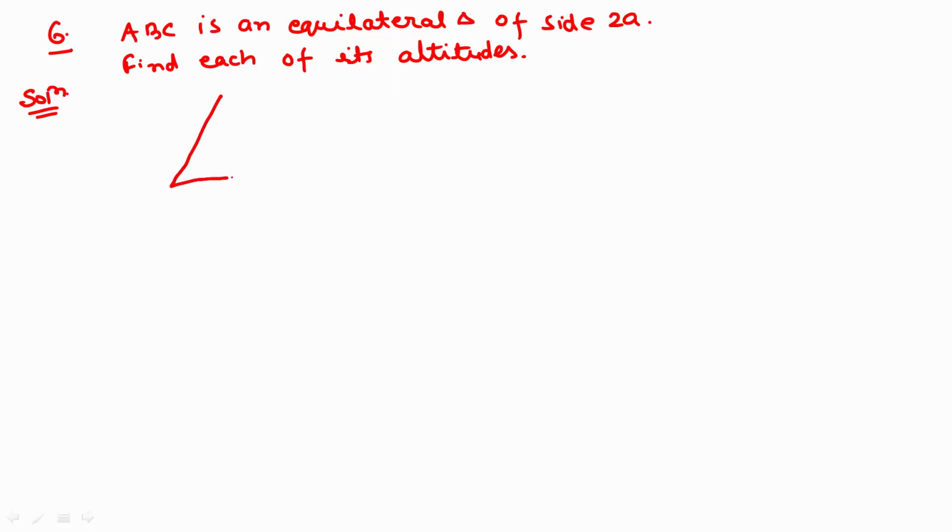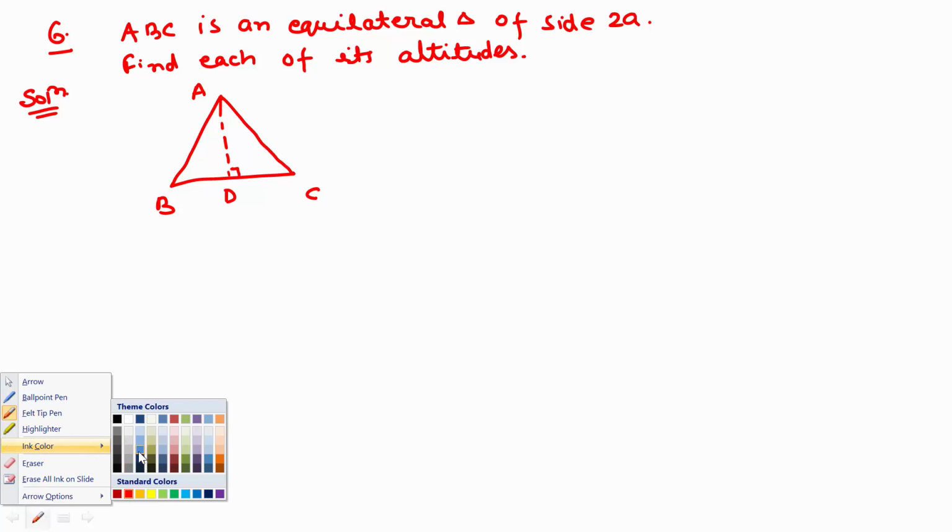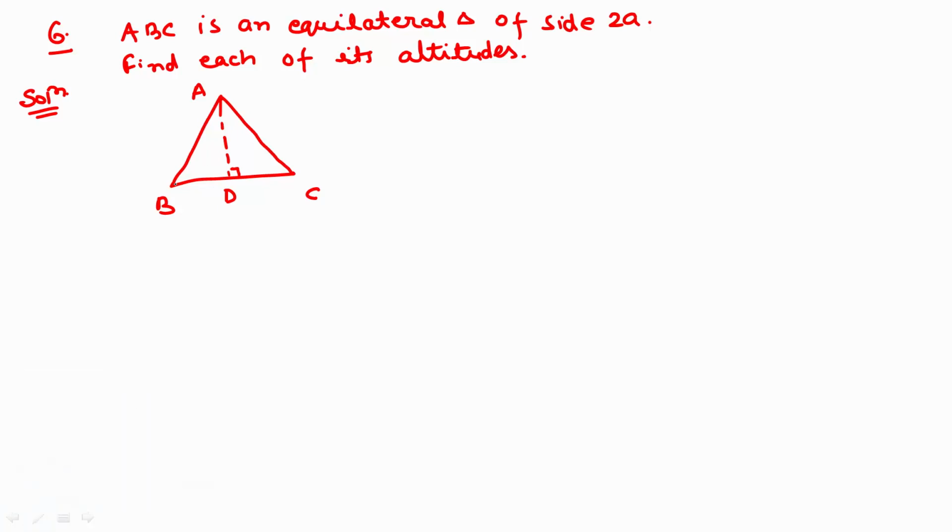This is your equilateral triangle ABC, and AD is your altitude, BE is your second altitude, and CF is your third altitude.